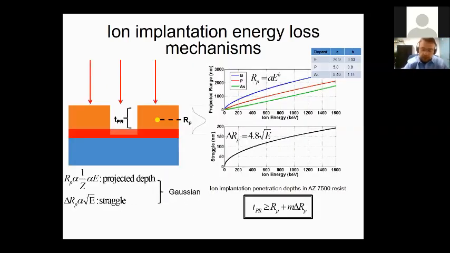Okay, so like I said, depending on the mass, like we're seeing here, boron, phosphorus, and arsenic, at the same energy, arsenic will penetrate the least, whereas boron will penetrate the most. Why is it critical? Because you will have to work with these kinds of masks. Like in this case, it's a photoresist.